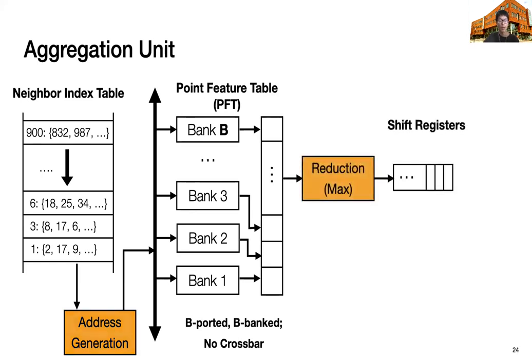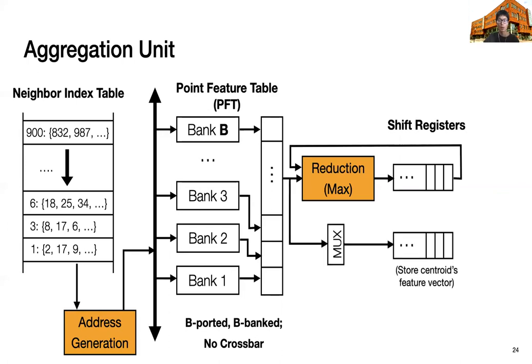All banks will connect to a reduction unit to perform the max operation and shift the generated maximum to the shift register. We wire the shift register back to the reduction unit in case we need to perform multiple rounds of reduction if necessary. In addition, we also use a mask to load the central feature vector to a standalone shift register.